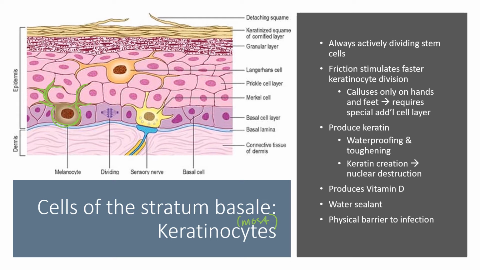You have a Merkel cell, which is sort of a cell that's adjacent to a nerve. And you have these basal cells, which are keratinocytes. They make keratin. These are rapidly, actively dividing stem cells. They can afford to actively, rapidly divide because of their proximity to the bloodstream.